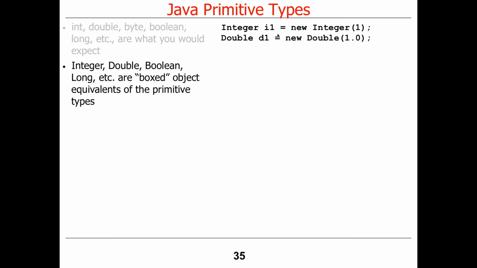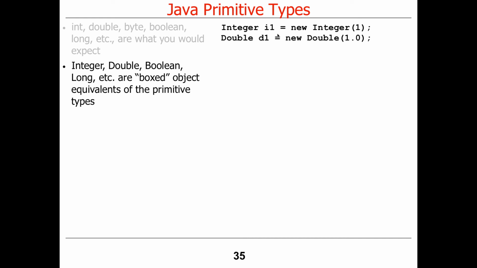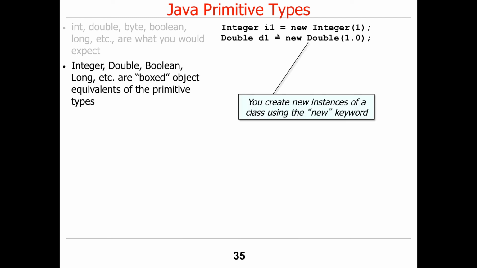You might or might not know this. You can have things called boxed types, which are basically ways of being able to take built-in types like 1 and 1.0, which are built-in literals for integer and double, and convert them into the class equivalents of the built-in types. In fact, this is such a common thing to do that they actually do these conversions. This is one case where conversions are done for you automatically.